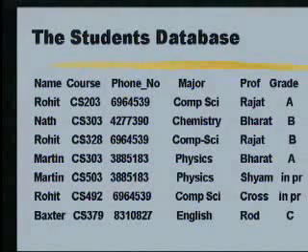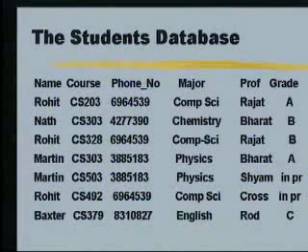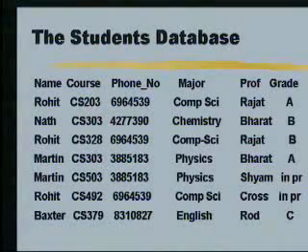So if we are talking about 1NF for a database scheme, we must ensure that all such relations are in 1NF. The example which we had shown to you earlier, the student database, is in 1NF. It is a proper defined table. Okay. So this is an example of 1NF.